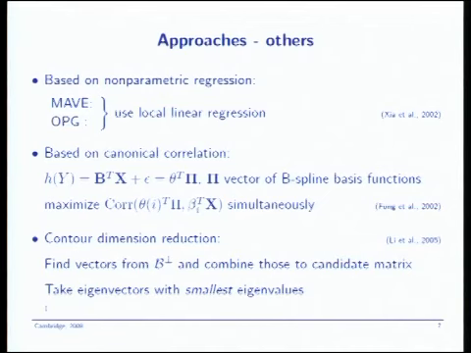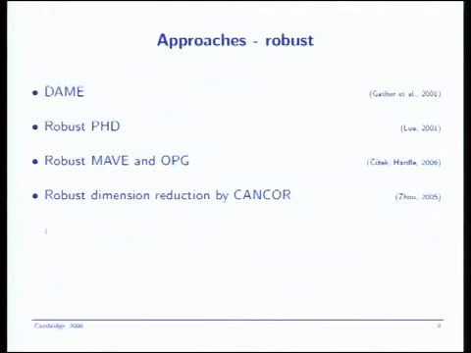And there's also the possibility to not estimate B, but find vectors in the orthogonal space of script B, combine those to a new candidate matrix, and then, of course, you have to look for the eigenvectors from the smallest eigenvalues.